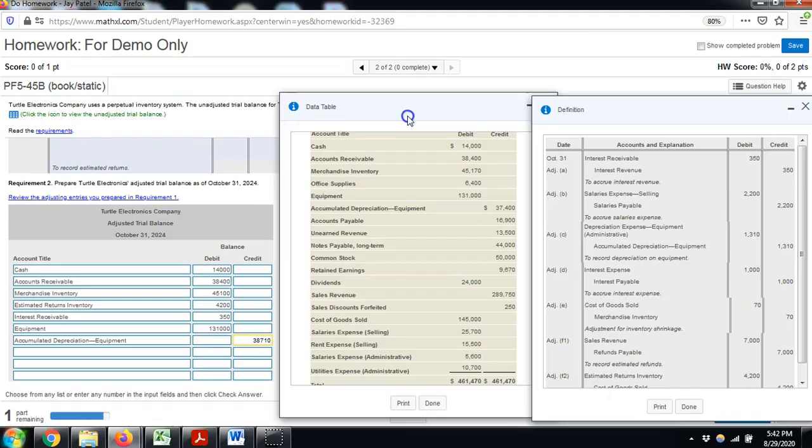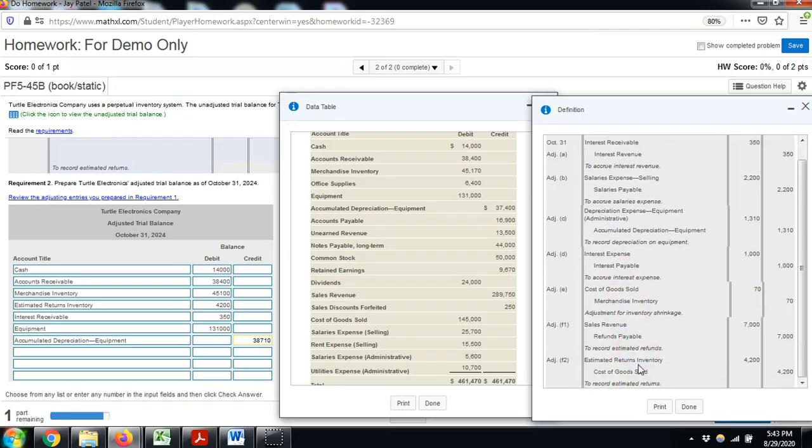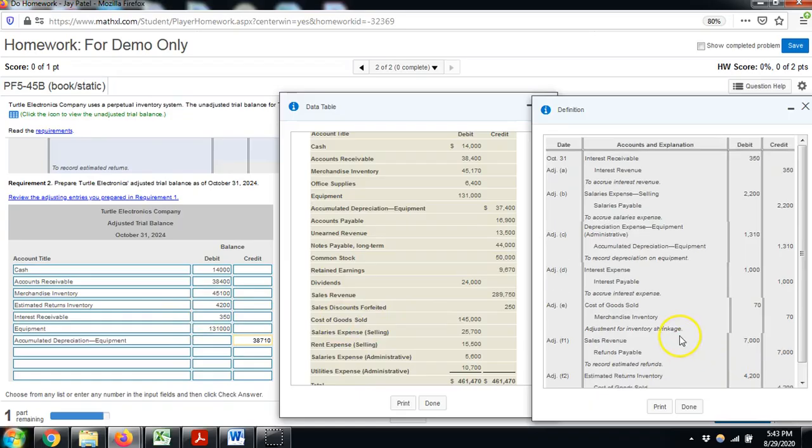Sorry, it's a little hard to see. And let's see if we're missing any other assets here. Oh, sorry, this is 42. Okay, so I think we're okay with our assets.